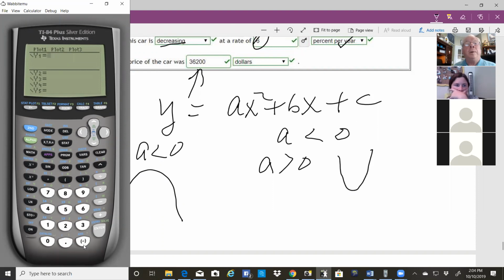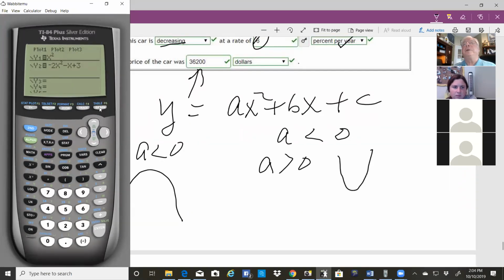You can say y equal x squared. And I'm going to zoom to the standard window. Opens up. Now I'm going to put in minus 2x squared minus x plus 3, and I'm going to graph it.